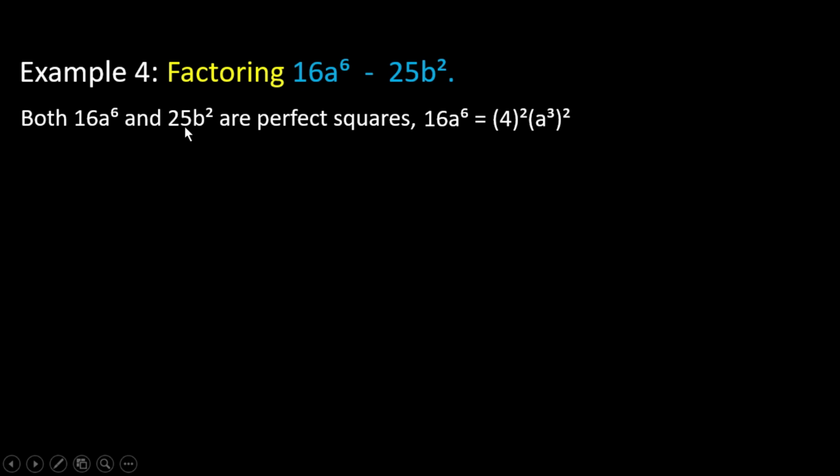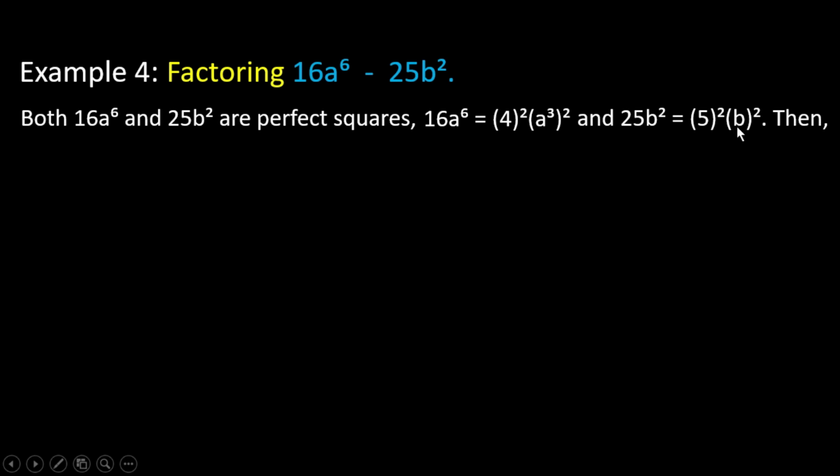Paano naman yung 25b squared? Okay, so una yung 25. So ano ba yung perfect square ng 25? So that is 5 squared. Diba? 5 times 5 is equals to 25. Then, yung b squared naman is b to the 2 or b squared.